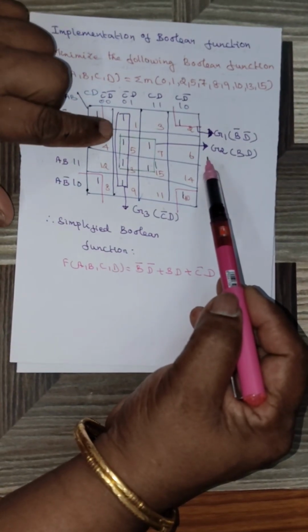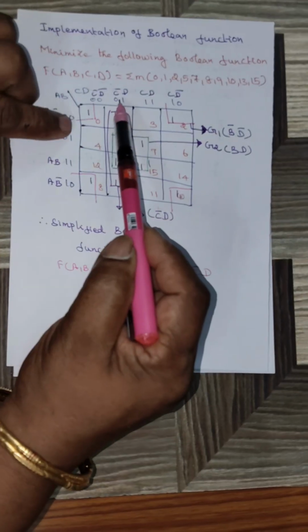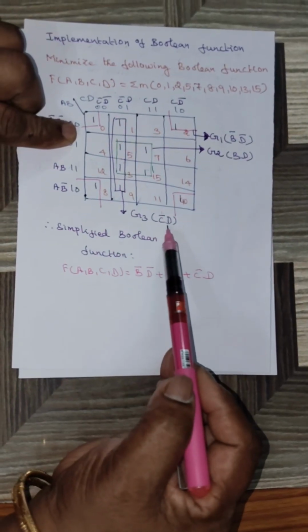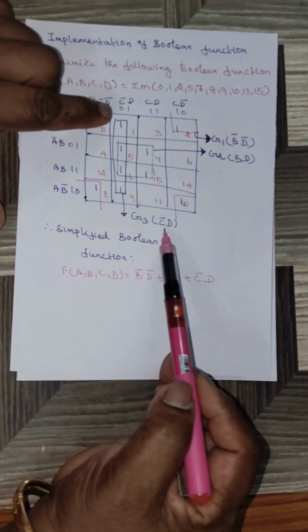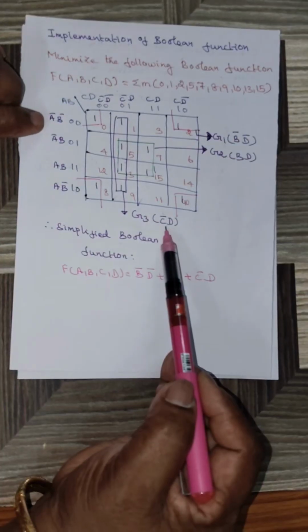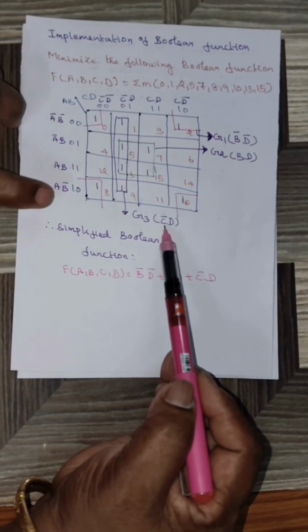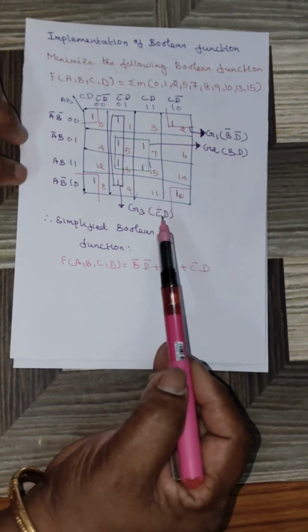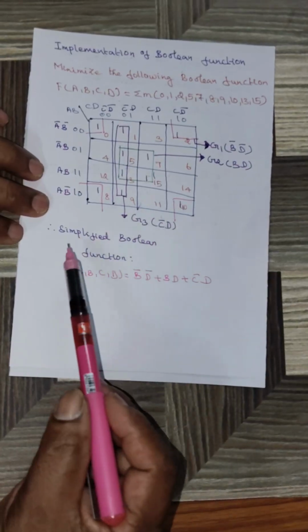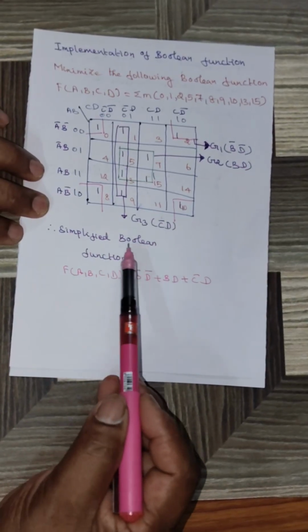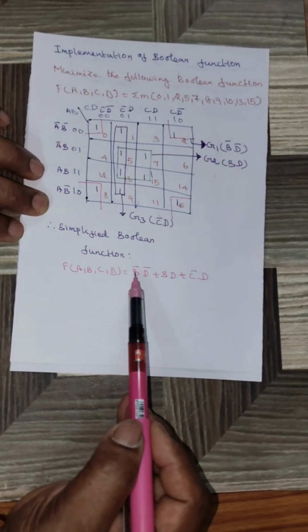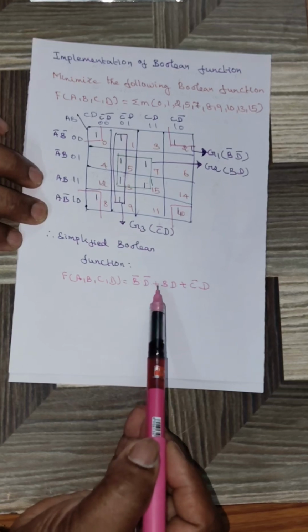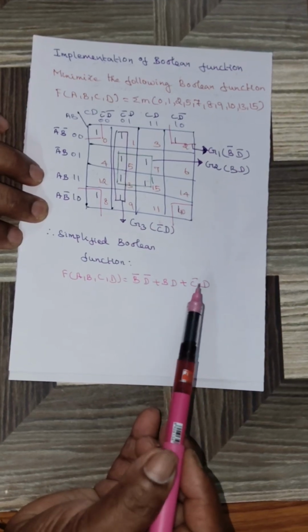And in this third group, we are having c bar d as the final term because in the 4 cells the values of a and b are varied, so those variables are cancelled here. So we can obtain the final simplified Boolean function as b bar d bar plus bd plus c bar d.